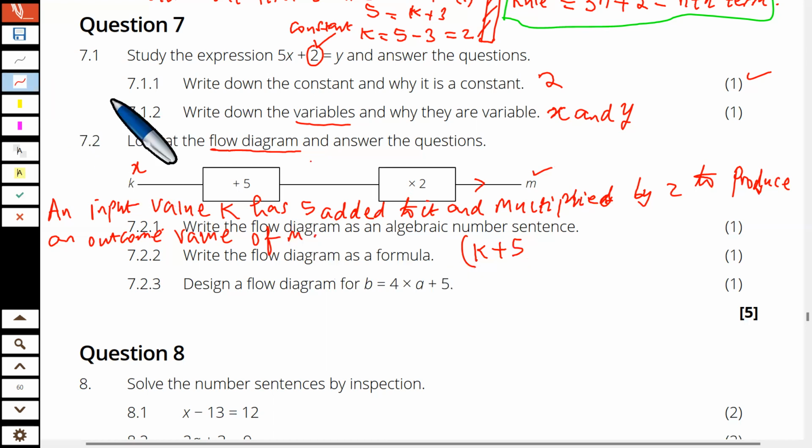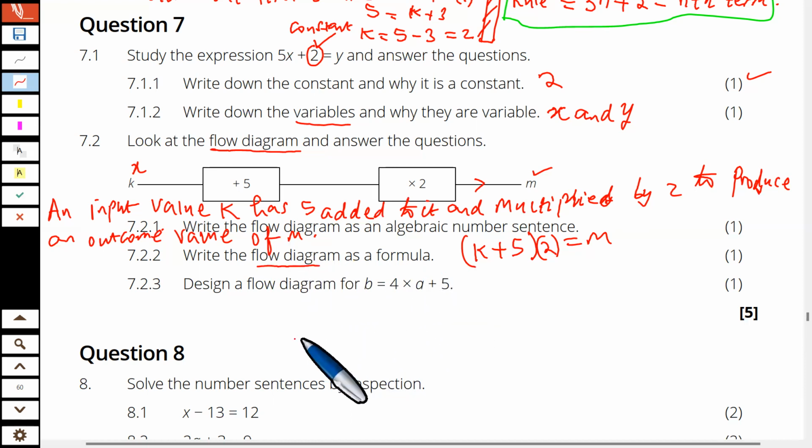So you are adding 5 to K and then you multiply it by 2 and equals M like this. That's correct. So in other words, that's what it is.